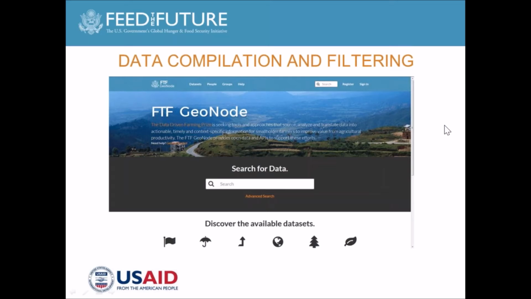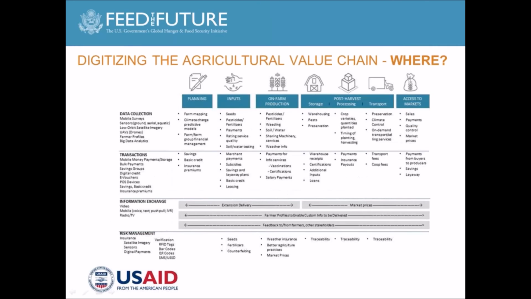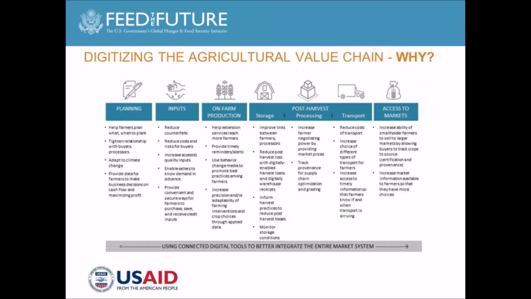Shall we jump back quickly to the solution slides and talk about why and how a digital solution can respond to the needs and outcome for this prize? Yes, absolutely. Let me go to the slides. Here you go.